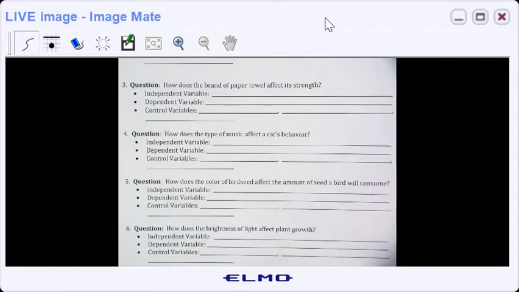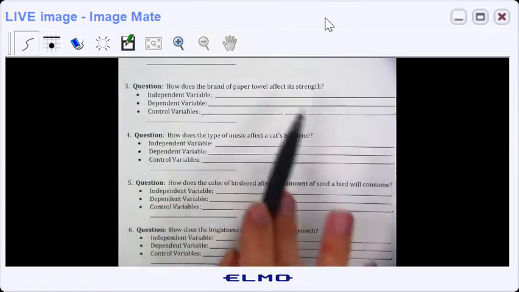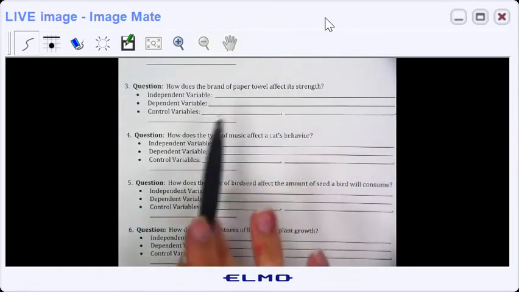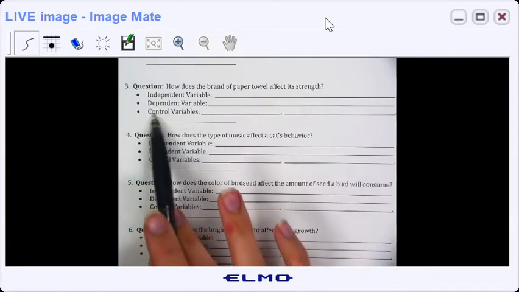I don't know the brands of paper towels, but think about when they're trying to prove the strength of something. What do they put on that paper towel? What do they show them wiping up the paper towel with? So that would be your control variables. If you're trying to show the strength and you're measuring strength, what needs to be cleaned up, or what needs to be taken care of, that needs to stay the same?